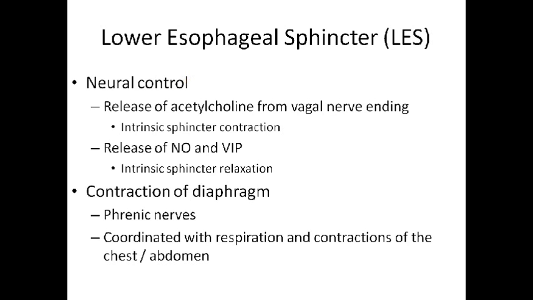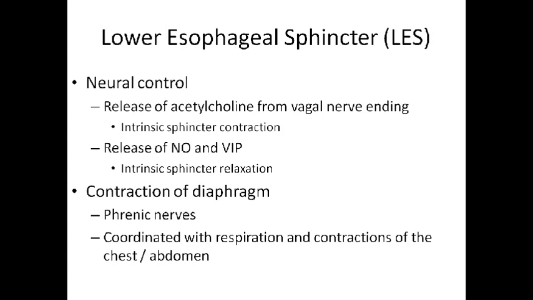There's a release of acetylcholine from the vagal nerve ending, and this initiates contraction. There's also a release of nitric oxide and VIP, which at the moment I forget what VIP is. I'll look that up. But it's an intrinsic peptide, I remember that, responsible for relaxation of the lower esophageal sphincter.